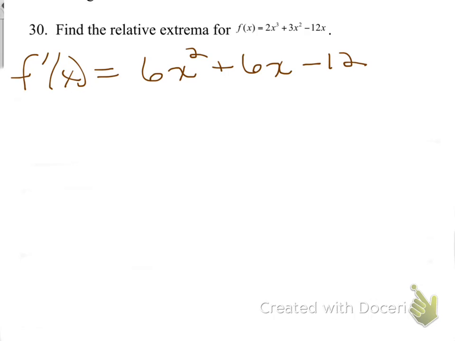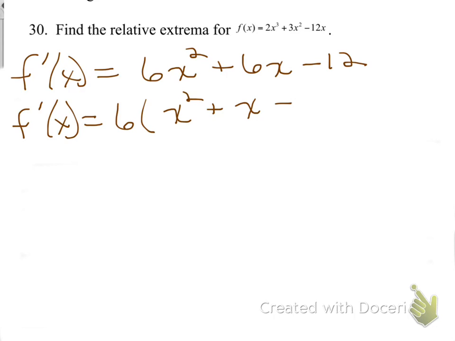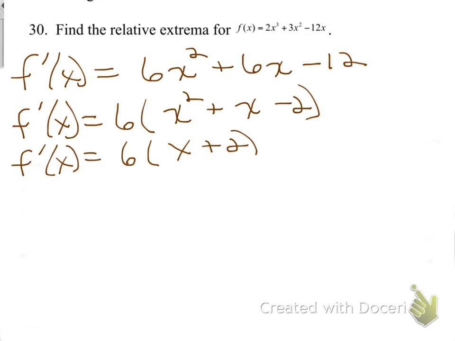Okay, so I'm going to factor that, but first I'm going to use my greatest common factoring and take out a 6. So now I have x squared plus x minus 2, and that's an easy factoring problem. So that's going to be x plus 2, x minus 1. Just checking, yep, that works out.